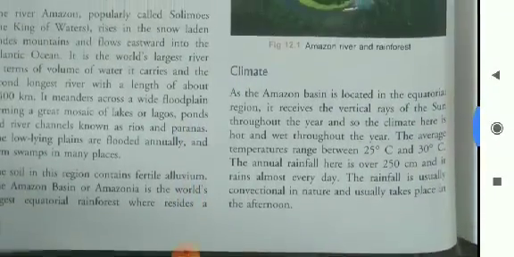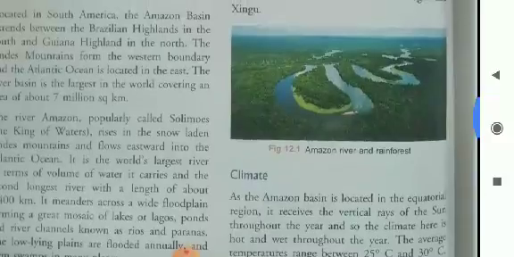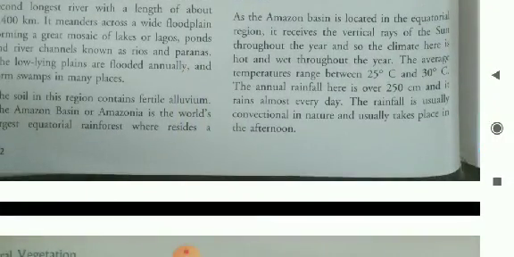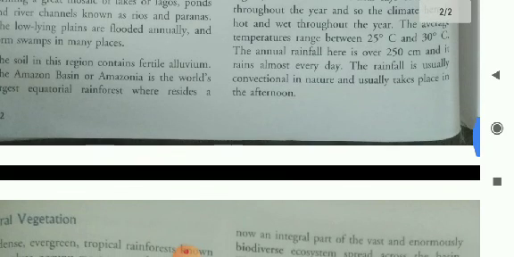Climate: we shall observe the climate of this region. As the Amazon basin is located in the equatorial region, it receives the vertical rays of the sun throughout the year, and so the climate here is hot and wet throughout the year.